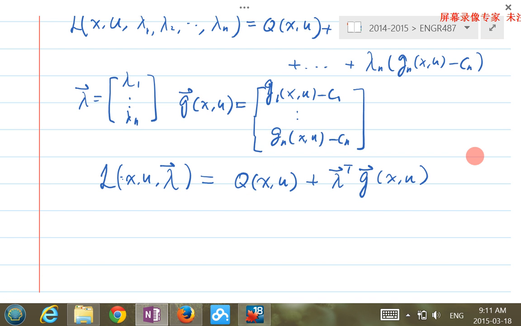All right? To make it even more complicated, your x could also be a vector, right? So you can have multiple states.